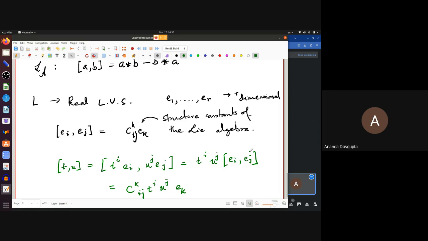So it's not true that there's only one group which has this particular Lie algebra. There could actually be several groups which have the same Lie algebra.